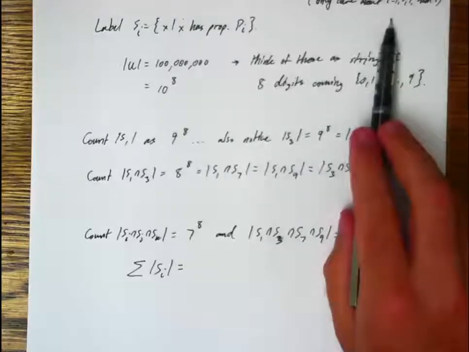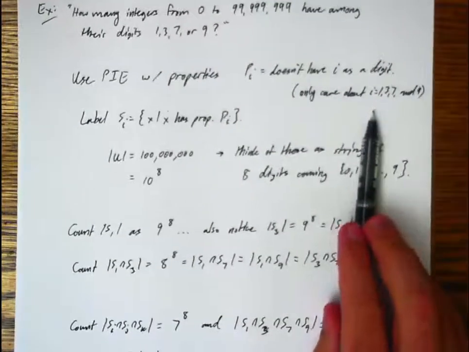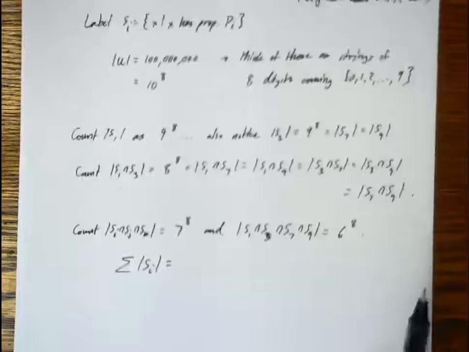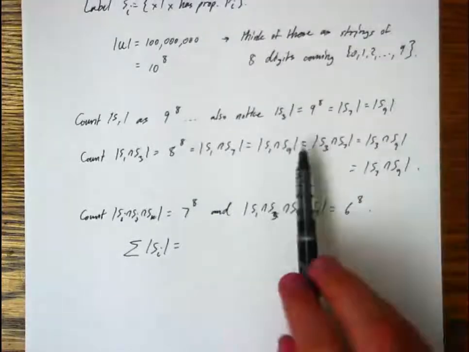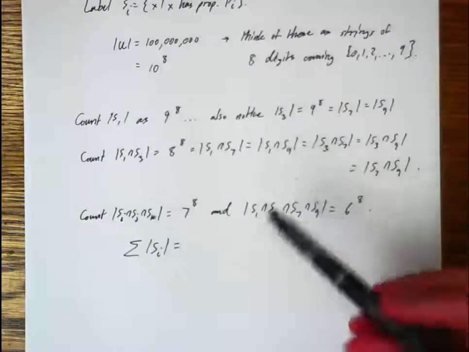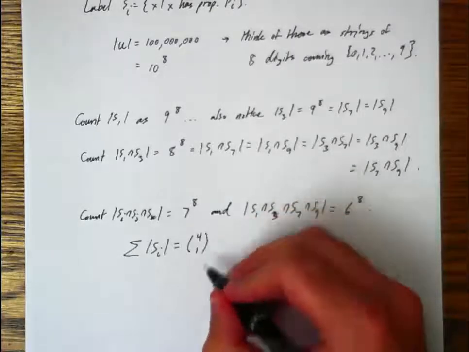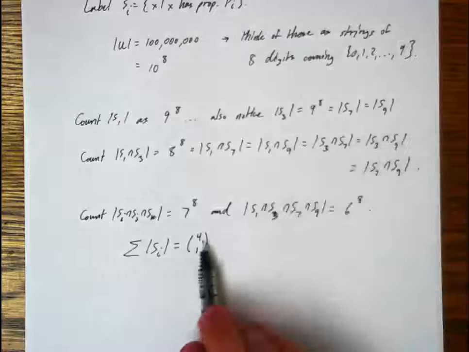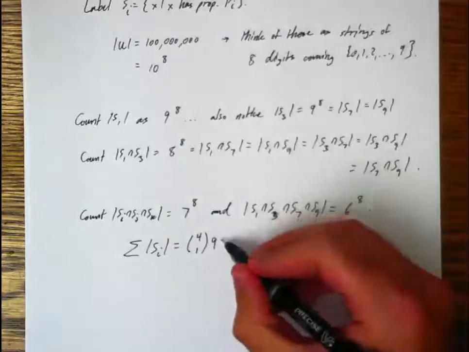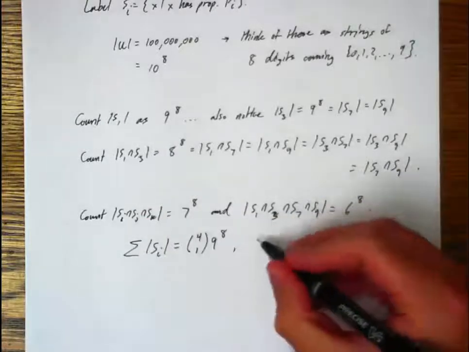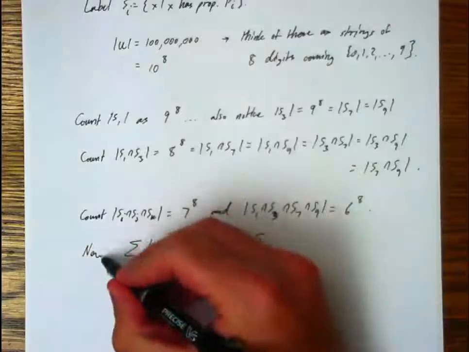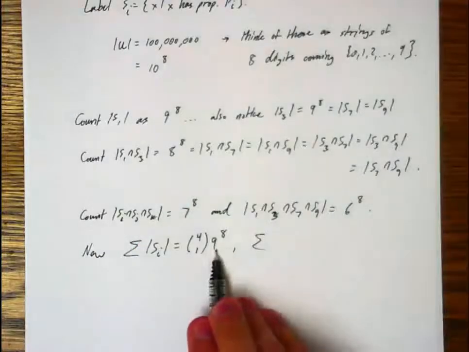Well, of the 4 properties that I had at the top here, I'm asking myself how many different ways I can choose one of them. So there are 4 properties, and I'm choosing one of them, and these are all counted exactly the same way. There's my 9 to the 8th. So now we have the singleton sum being that.